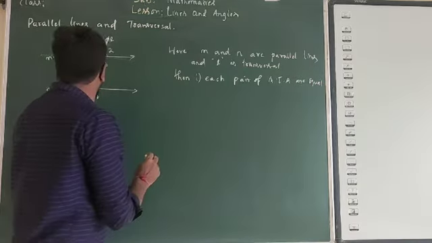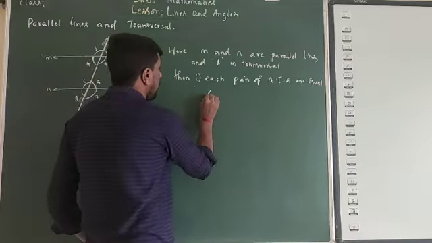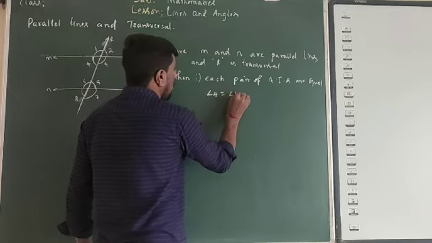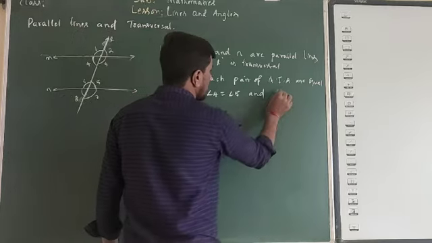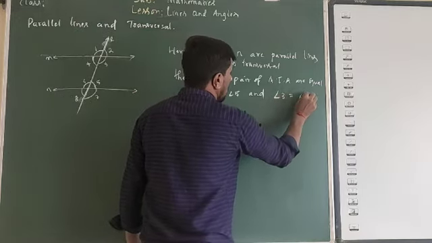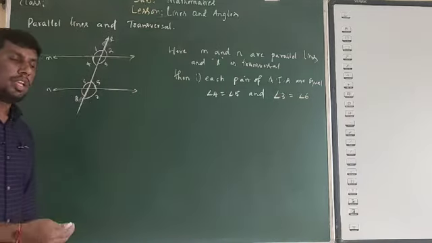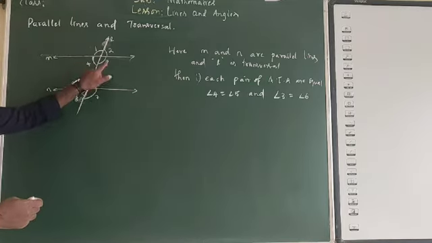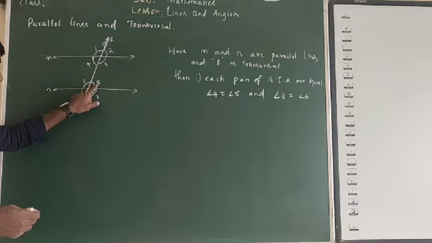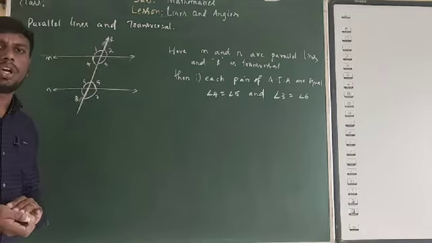That means angle 4 is equal to angle 5 and angle 3 is equal to angle 6. This is one pair, and if this is 30 degrees, then this is also 30 degrees. If this is 40 degrees, then this is also 40 degrees. Those two are equal.